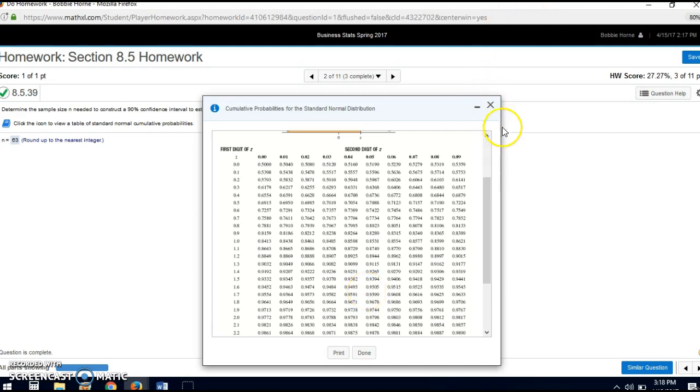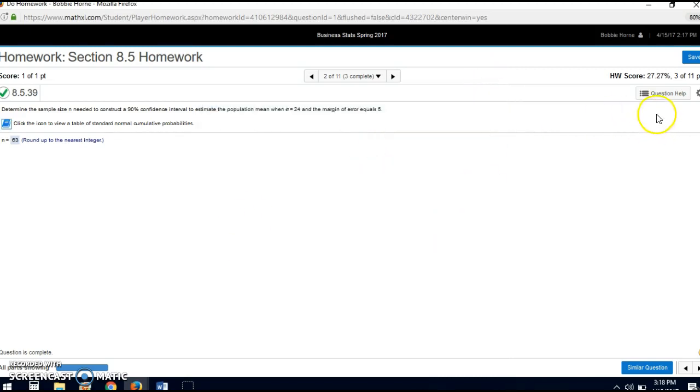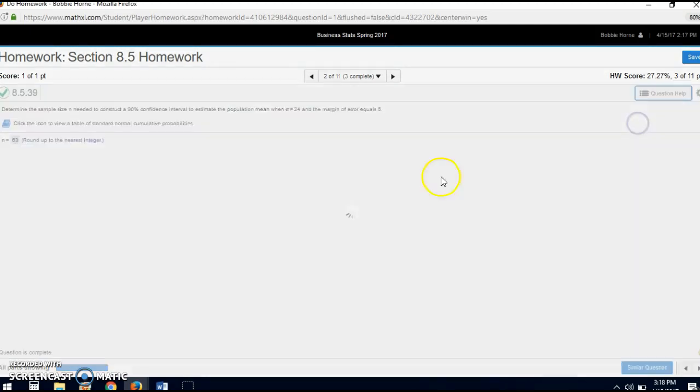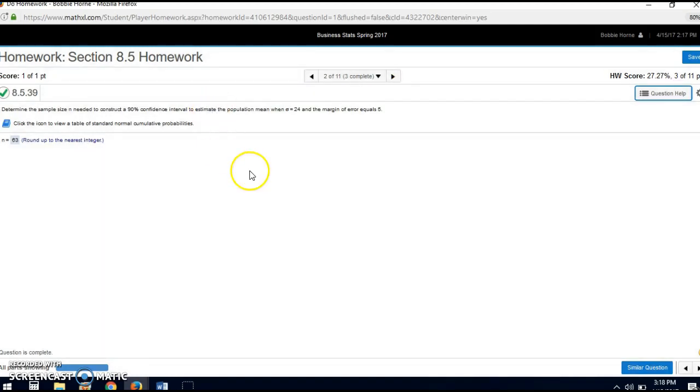So your Z value associated with a 90% confidence interval is going to be 1.645. That's the number that we need to get to. And I believe, let's see, they use 99% on the example. So we're going to use 1.645.